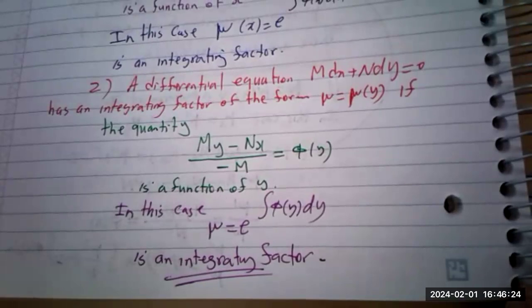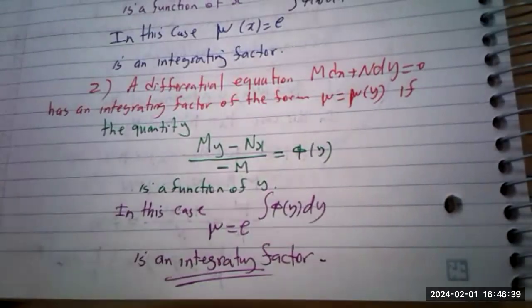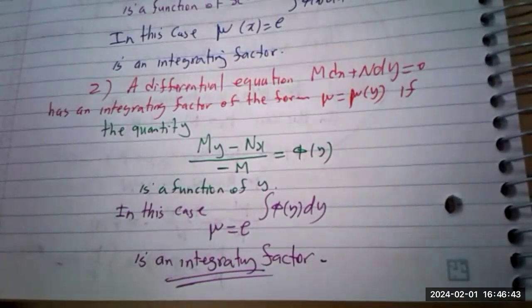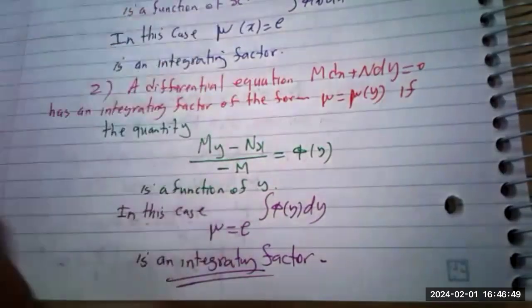If it's M y minus N x, the bottom would be something like x times M minus y times N. Then your integrating factor will be a function of x times y, for example. This, if you like algebra. But we are going to focus on this one. Any question? Let's do it. We give you 2 problems, one each, and the procedure is this: you check the M sub y and the N sub x.